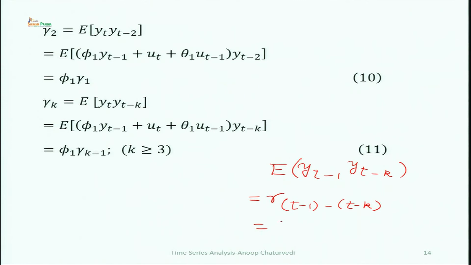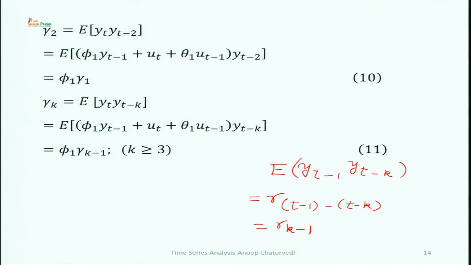So, this is equal to gamma k minus 1, the autocovariance of lag k minus 1. Expectation of the second term, expectation of u t y t minus k is equal to 0, and expectation of u t minus 1 y t minus k is also equal to 0 for all k greater than or equal to 3.